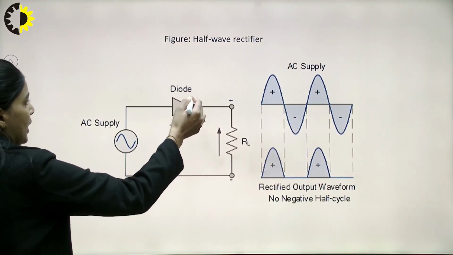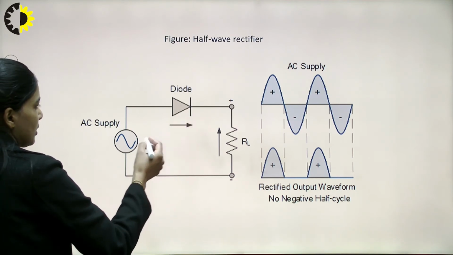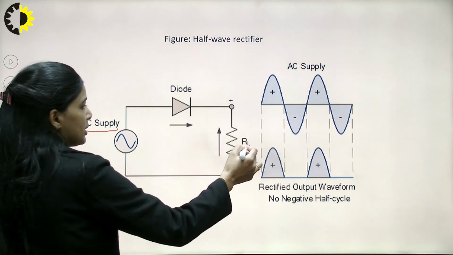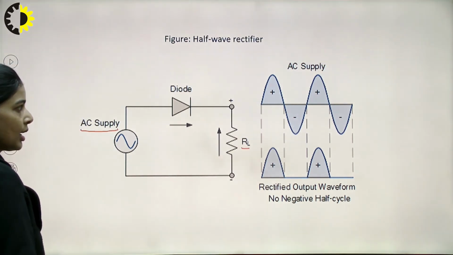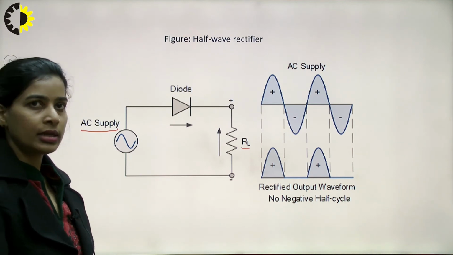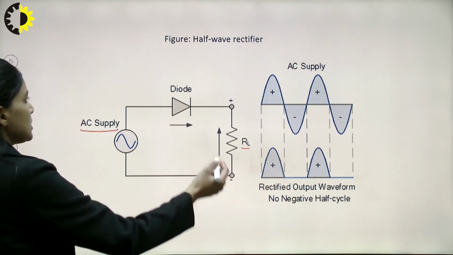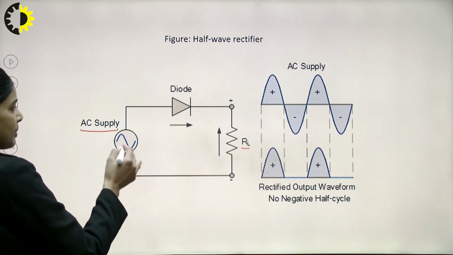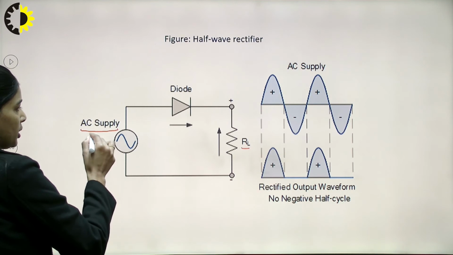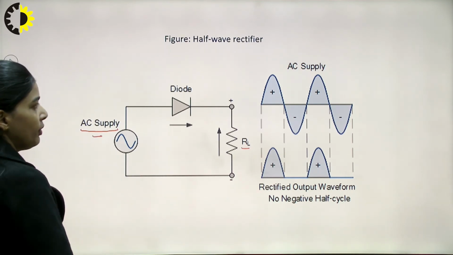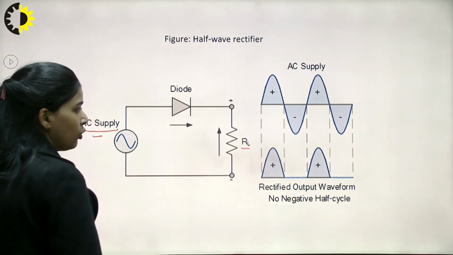Here we have a diode that is connected across an AC supply, and a load resistance RL is connected. So, this is the circuit for half wave rectification. This diode can be in forward biasing mode or reverse biasing mode depending upon the polarity of the supply voltage, and we will get this type of output voltage.